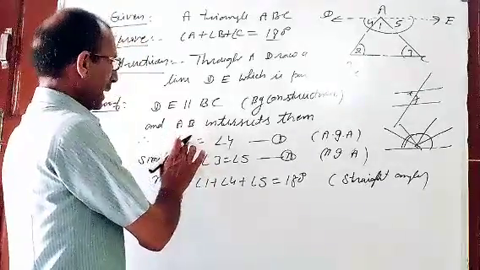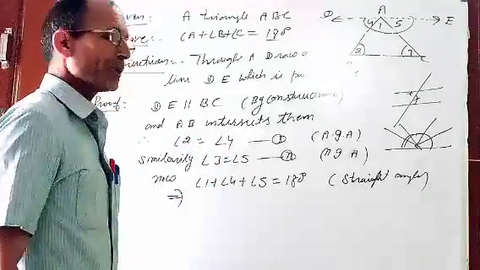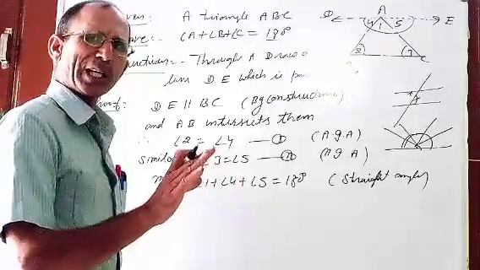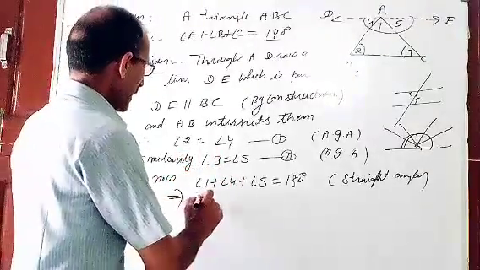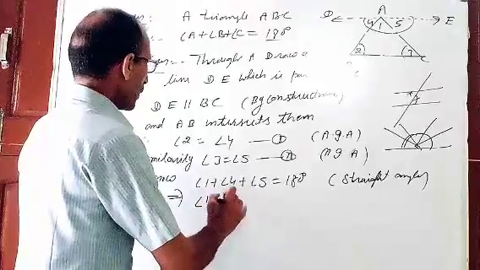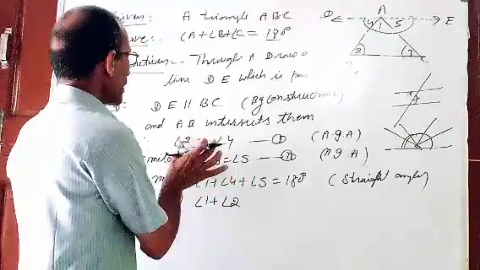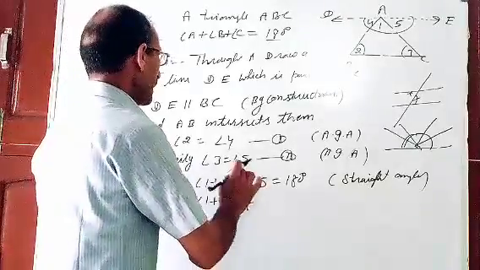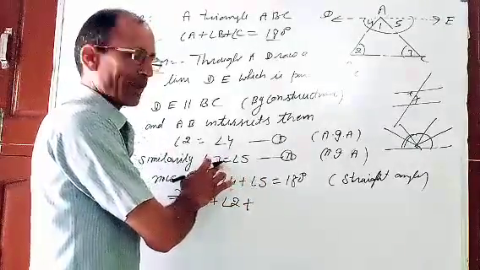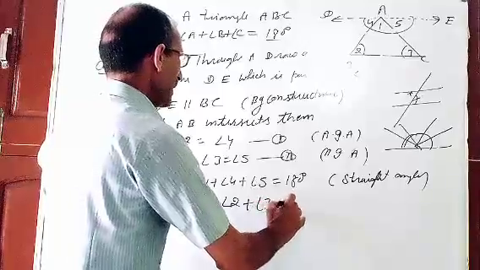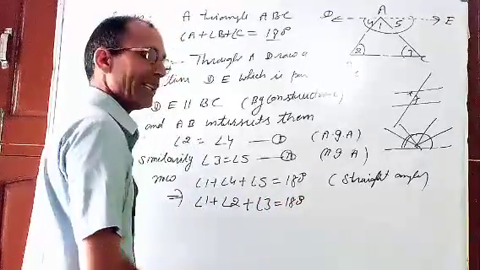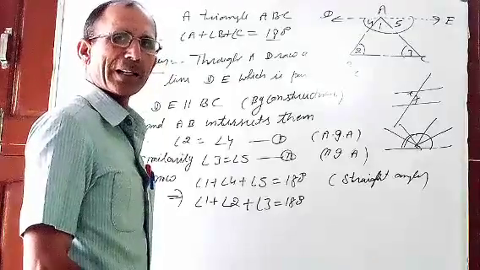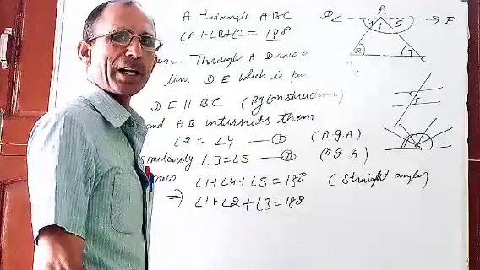Now I proved angle 2 is equal to angle 4. So where there is 4, if I write 2, no problem because both are equal, I already proved it. Now I will write here 2 because angle 2 is equal to angle 4, and angle 5 is equal to angle 3. So I will write angle 1 plus angle 2 plus angle 3 is equal to 180 degrees. Here also you will give the reason. In a theorem this is very important: you have to give a reason for what you have written.